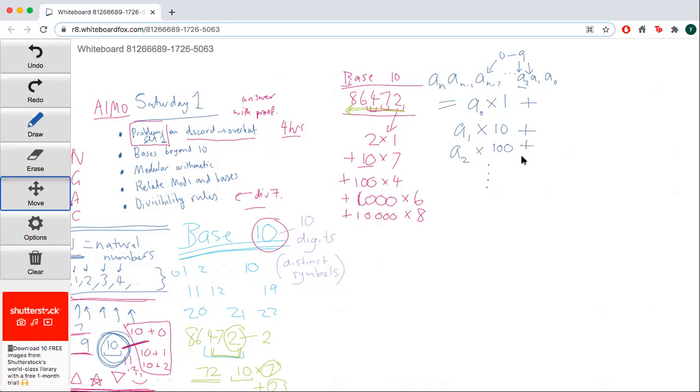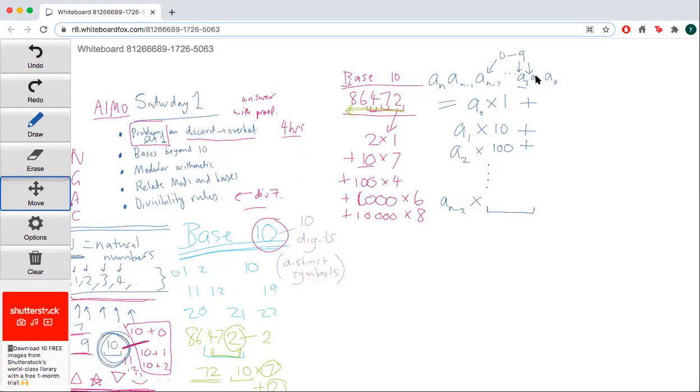And then eventually I'll get to this place here, An minus 2. Now I have to multiply this by some multiple of 10, but the question is, how many zeros do I have? Well, let's think about it like this. The rightmost digit represented 0 zeros. There are no zeros here.